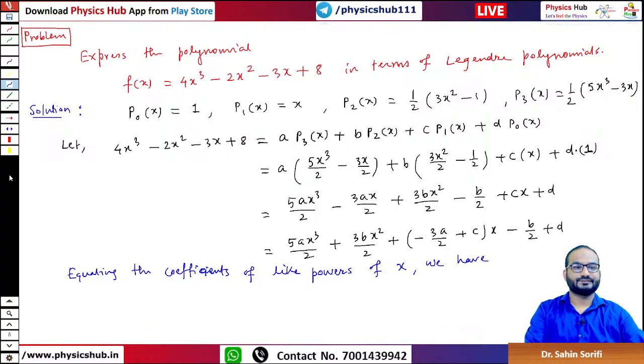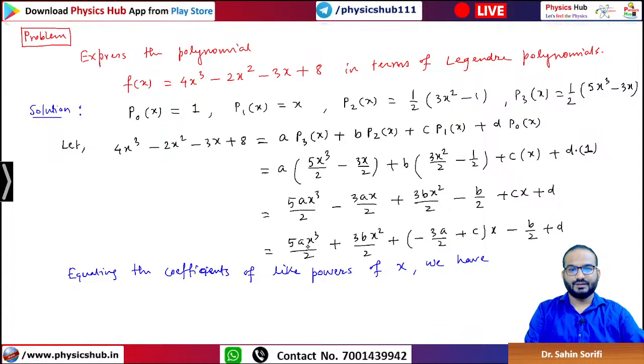We have 5a by 2 equals 4. From this you get a equals 8 by 5. So one value we have calculated, a equals 8 by 5.